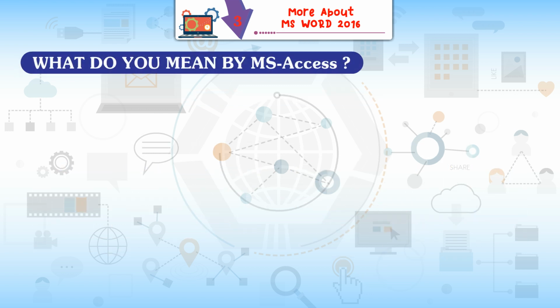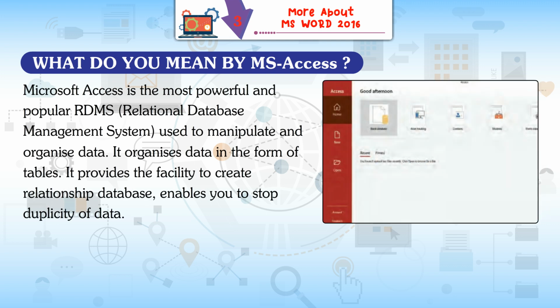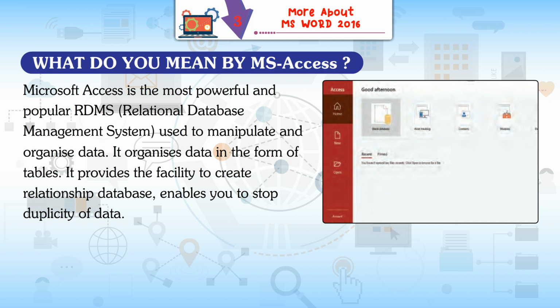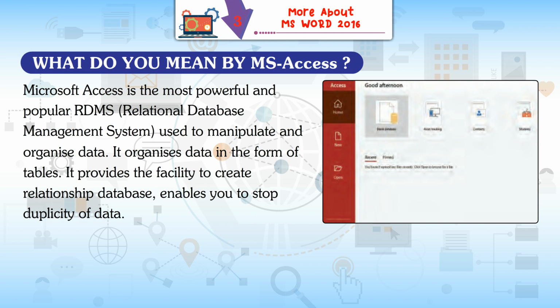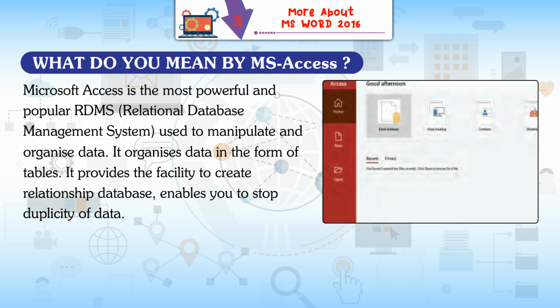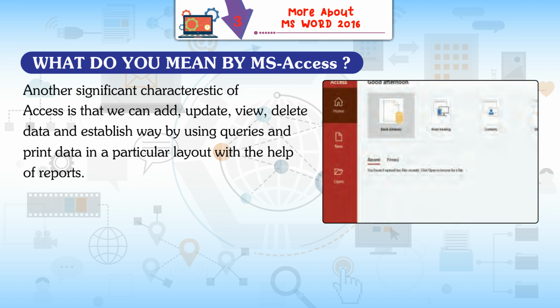What do you mean by MS Access? Microsoft Access is the most powerful and popular RDBMS, Relational Database Management System, used to manipulate and organize data. It organizes data in the form of tables. It provides the facility to create relational databases, and enables you to stop duplication of data.